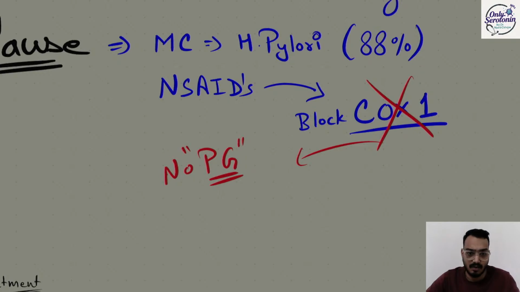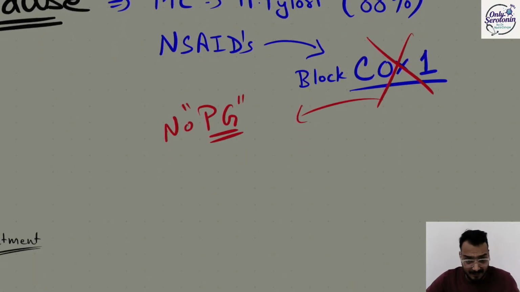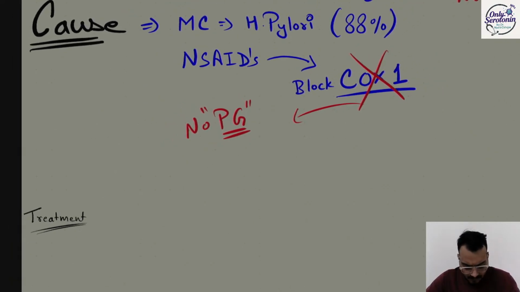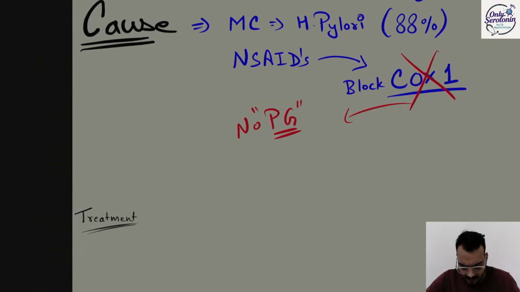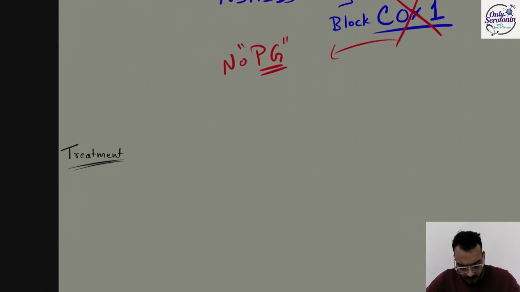If there is no prostaglandin, gastric acid will forget to stop. Once it forgets to stop, what will happen? More acid inside the stomach, which will destroy the inner lining of the stomach, which will lead to peptic ulcers. Done, guys.